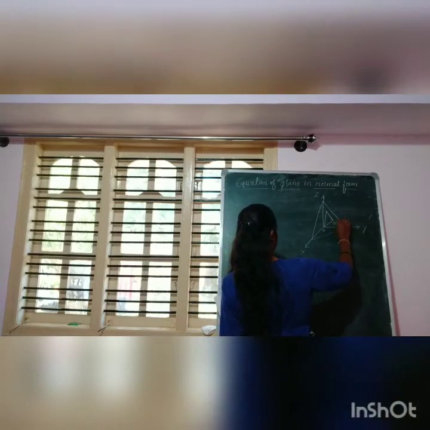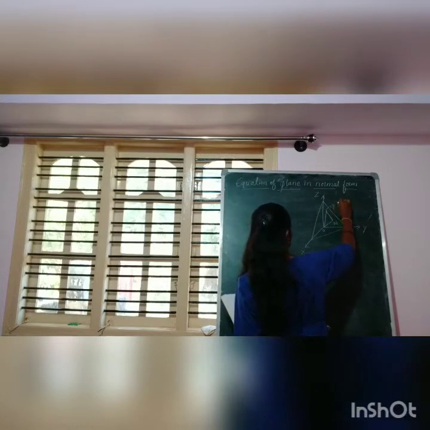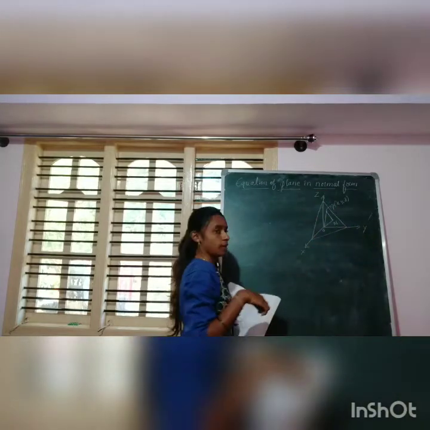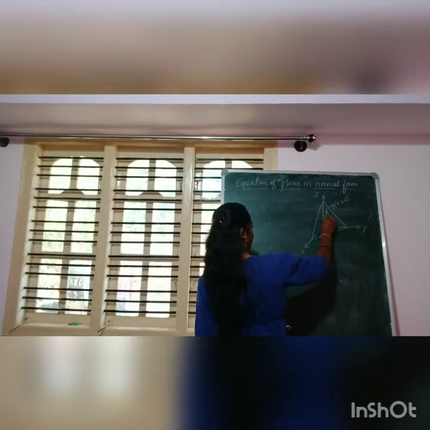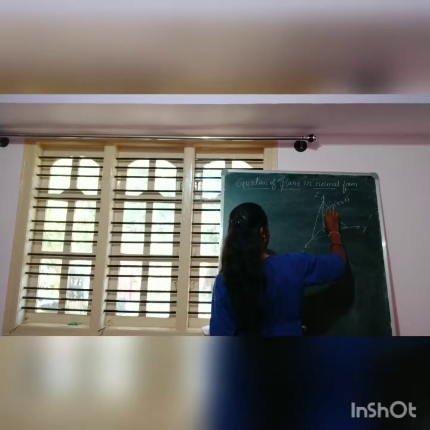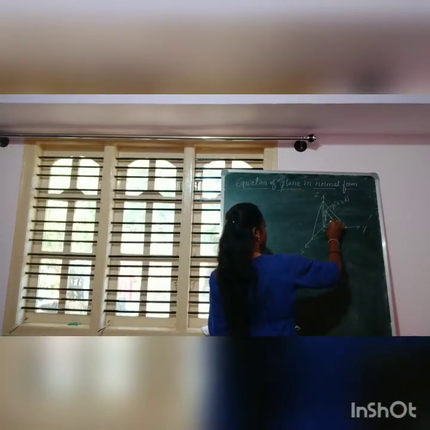This is O and this is a point P with the coordinates x, y and z. I can take this OP as a position vector r. Next, the distance ON is a small letter d.